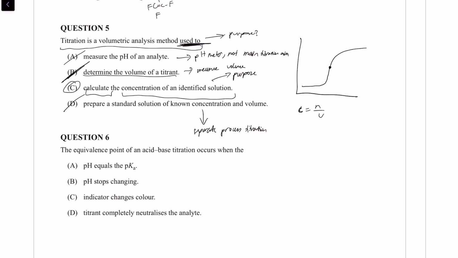Question 6. The equivalence point of an acid-base titration occurs when, right? So at this equivalence point, for example, here, I'll just move this graph down.